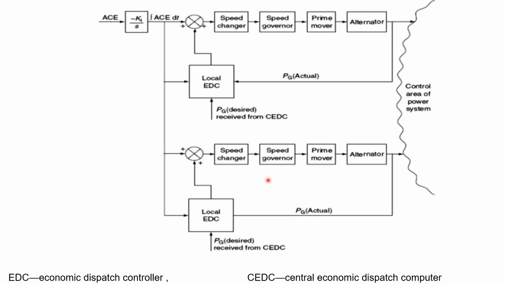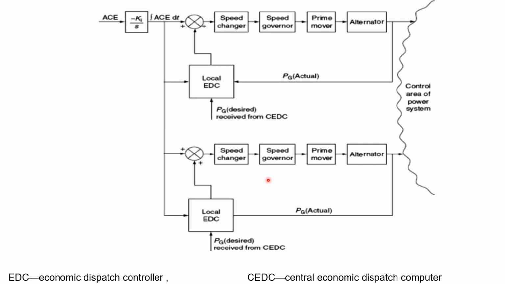But LFC has fast acting control for a few seconds and regulates the system around an operating point. And in LFC, zero steady state frequency error is achieved, with a fast dynamic response with the help of integral control action.